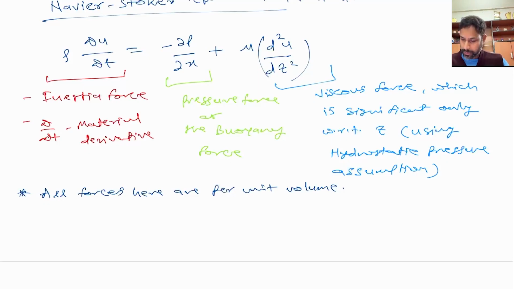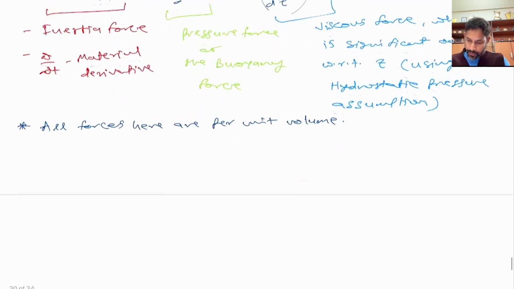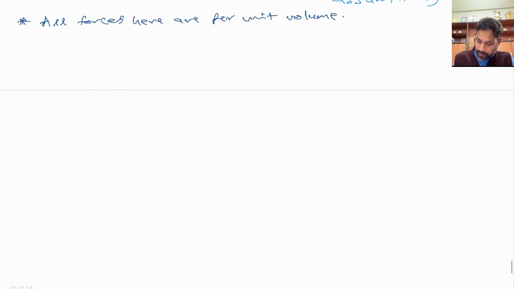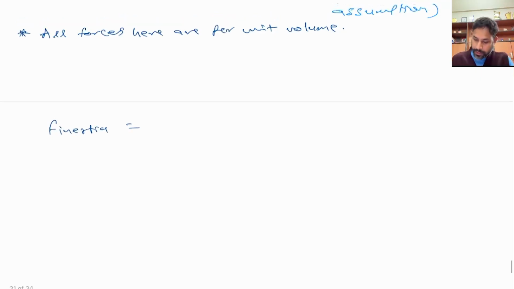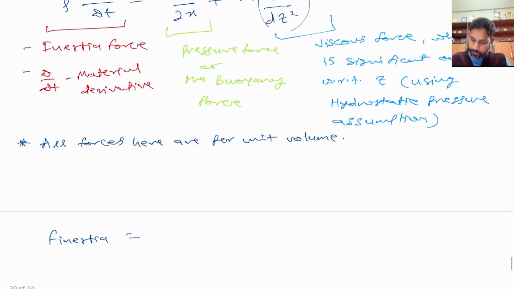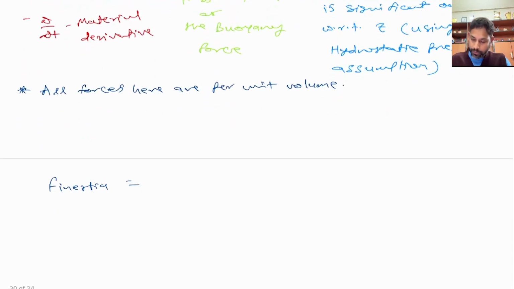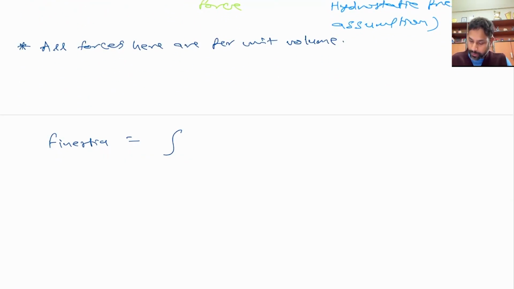Okay, so now we can try to analyze, we can try to find each force one by one, because this is in derivative form and we have to convert that into a normal form. Okay, so let's start with F inertia. We are saying that these forces are per unit volume, so we have to integrate it for complete volume.